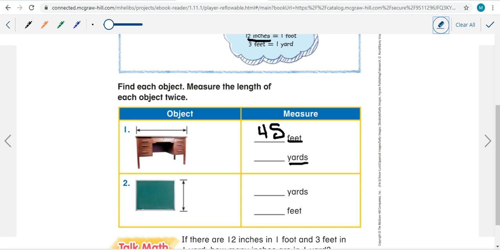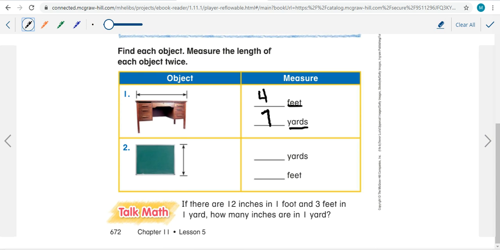Maybe 4 feet? How many yards is that? It's 1 yard. Why? 1 yard has 3 feet, so the teacher's desk is about 1 yard long. This chalkboard, I think it's 1 yard, and remember that 1 yard has 3 feet.